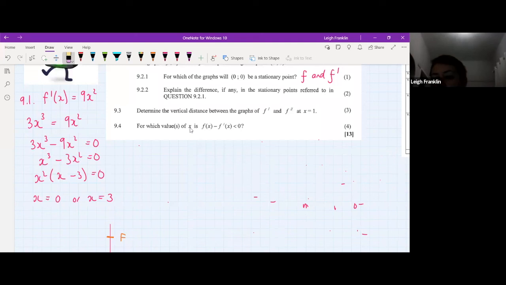So I'm not rubbing off anything we don't have. Okie dokes. So f of x, remember, was 3x cubed minus f prime of x, which is 9x squared, smaller than 0.